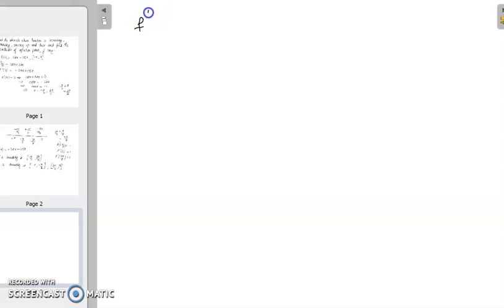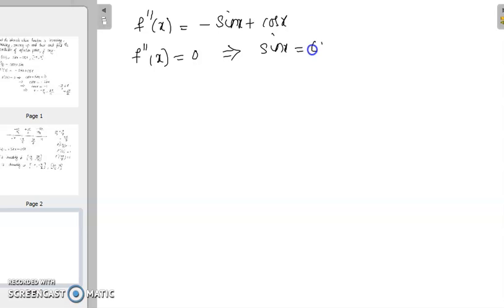So f double dash of x is again minus sin x plus cos x. So f double dash of x equal to 0 implies you will have sin x equal to cos x, which gives tan x equal to 1.